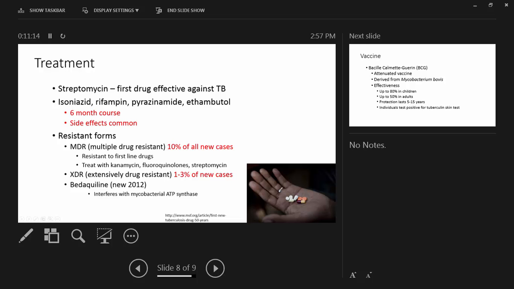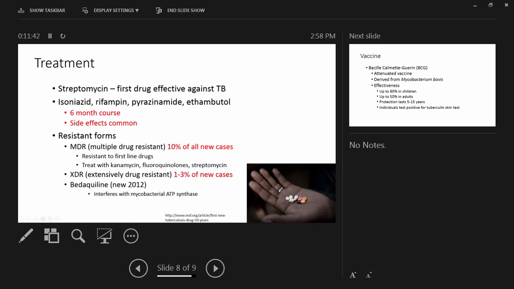So they typically switch to using things like kanamycin, which is an aminoglycoside like streptomycin. Fluoroquinolones, which inhibit DNA gyrase. Remember, those have some more serious side effects, or they can. Streptomycin is typically not used unless these other drugs don't work.